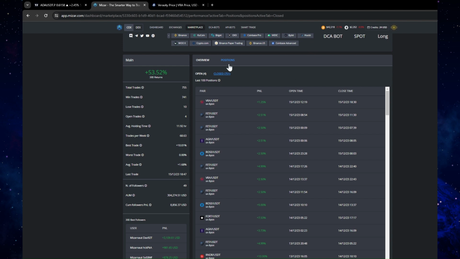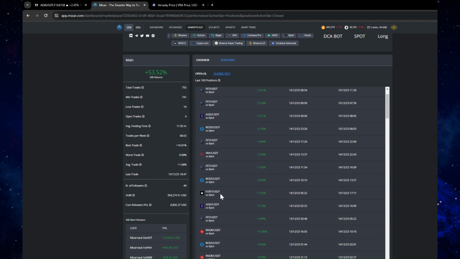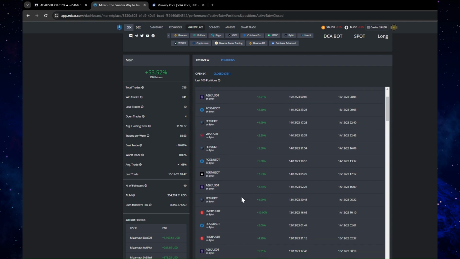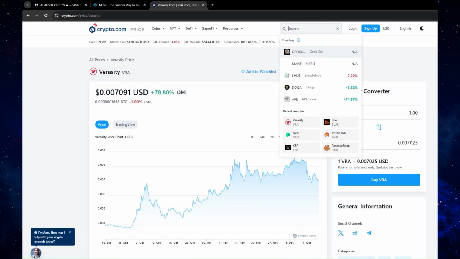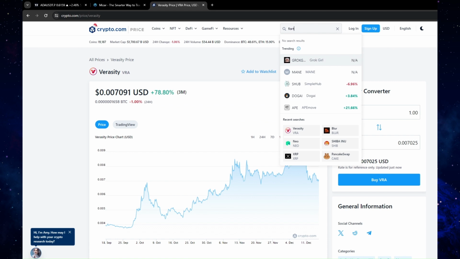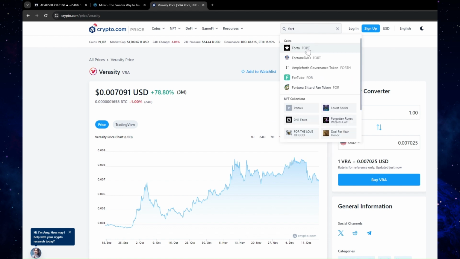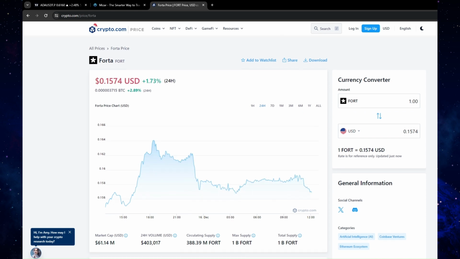Now, as I'm looking at my positions and the closed trades, you can see the past profit that I've taken, the P&L per trade, and some of these pairs and projects that have been part of this bot. For example, Ford is another project that I think is good to be familiar with and that I find interesting.